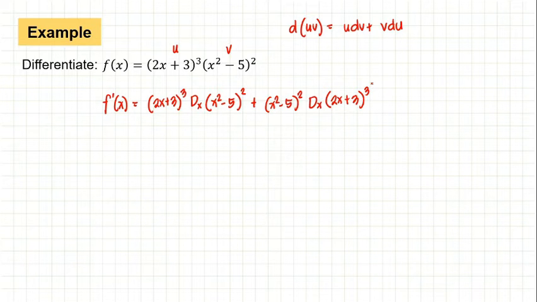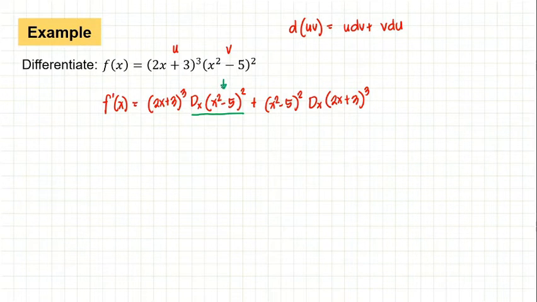Now, observe that here, we are going to differentiate our v, x squared minus 5 raised to the power of 2. And in this case, we have a function raised to 2. So we will apply the chain rule here.